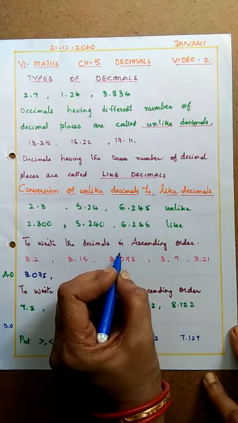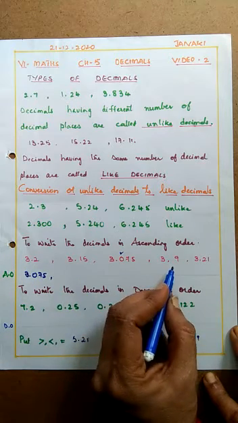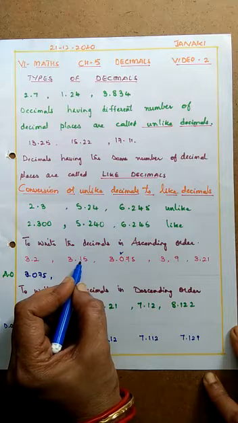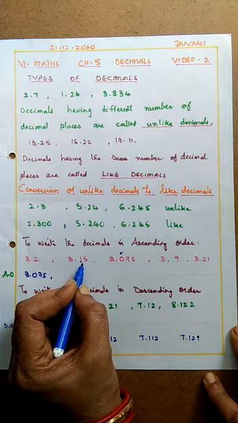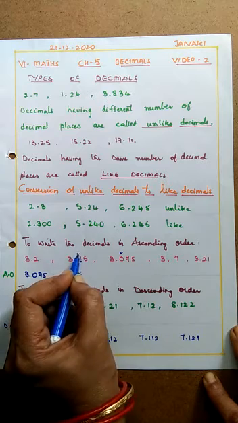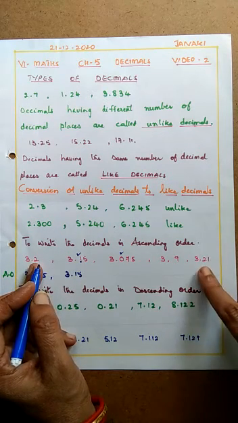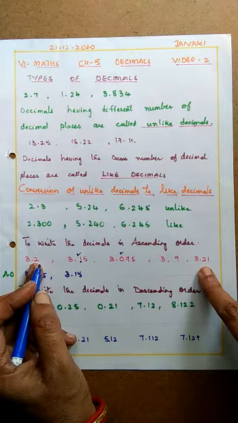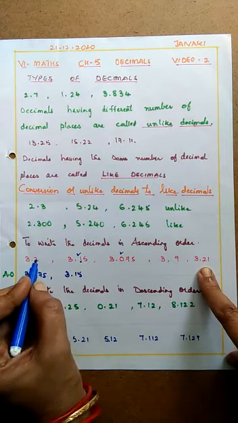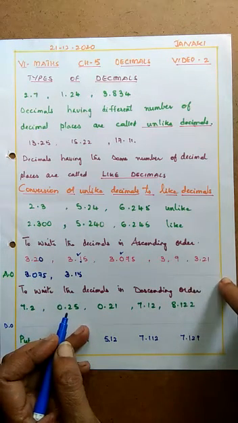Next, 3.2, 3.15, 3.9 and 3.21. Of these, 3.15 has 1 in the 10th place, so the next smallest one is 3.15. Now see here, 3.21 and 3.2. We can write these as like decimals, 3.20 and 3.21.